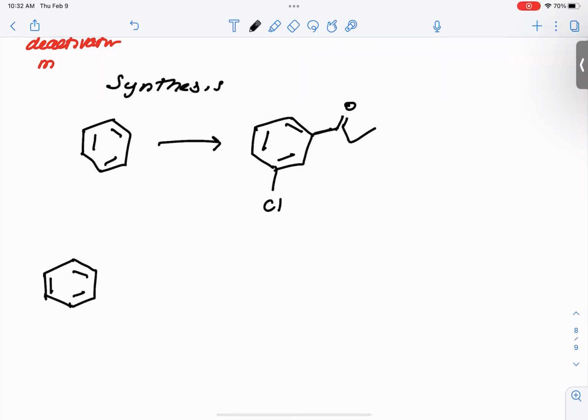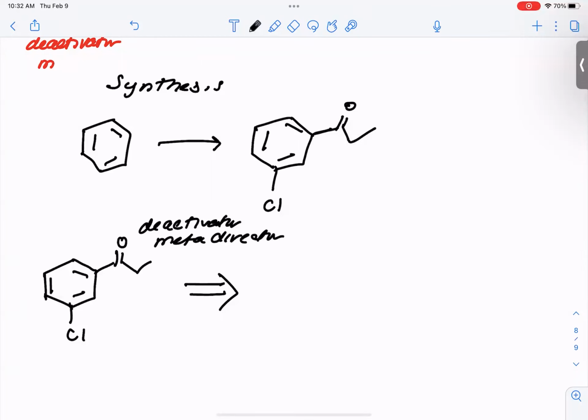So if we do a retrosynthetic analysis, and we look at our product, right, you have a deactivator and a meta director. You have another deactivator, but an ortho para director. What is the relationship between the acyl group and the halogen?